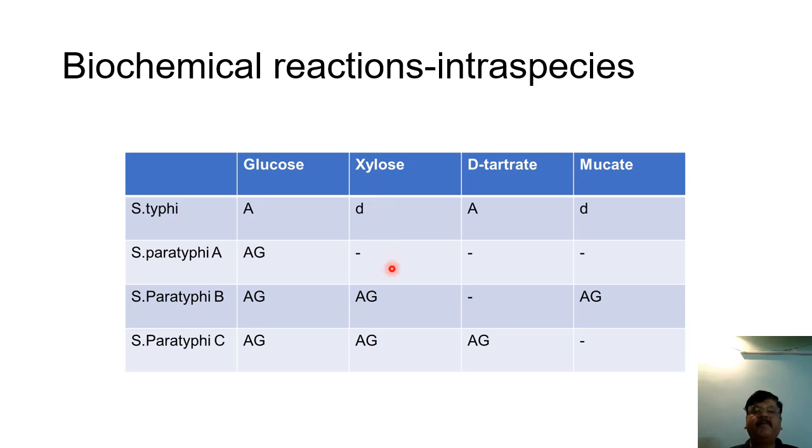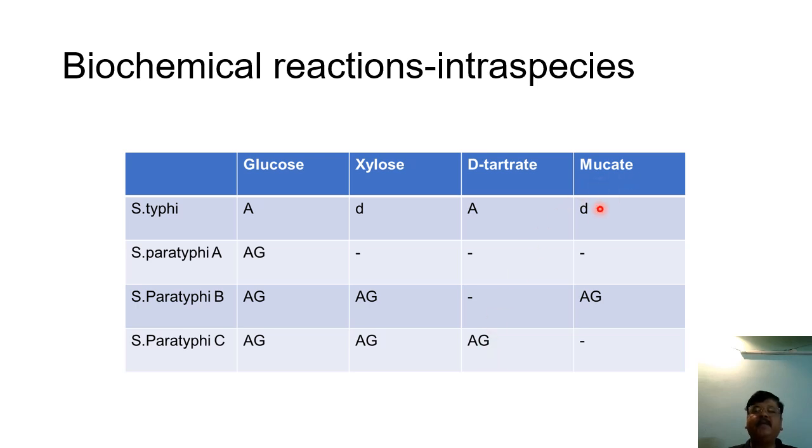Then xylose, paratyphi B and C produce acid as well as gas, whereas Salmonella typhi gives differential reactions. Then D-tartrate, Salmonella typhi produces acid, and Salmonella paratyphi C produces acid as well as gas.